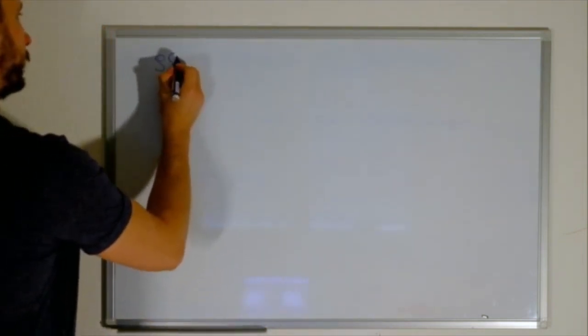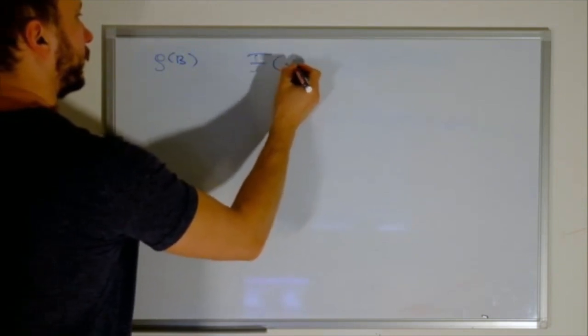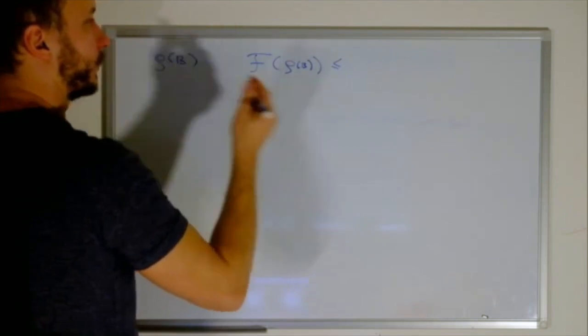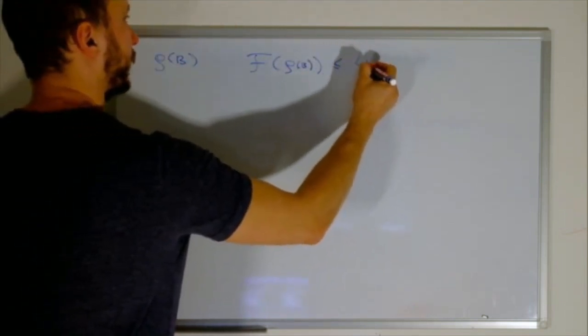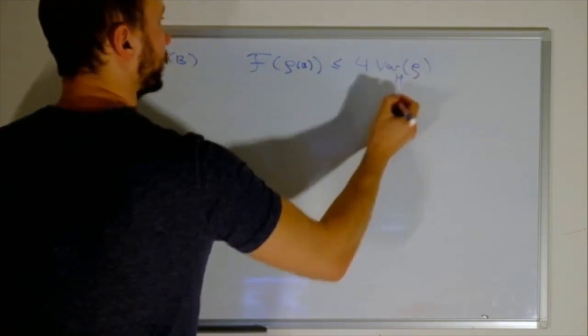So basically what we want to show is that if you have a state rho of theta, then the quantum Fisher information of rho is smaller than or equal to 4 times the variance of the state rho on the operator H. Yes?